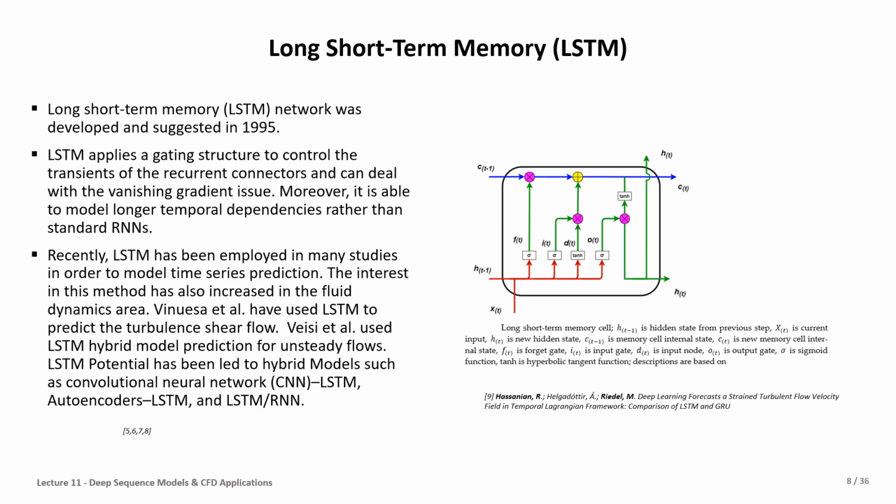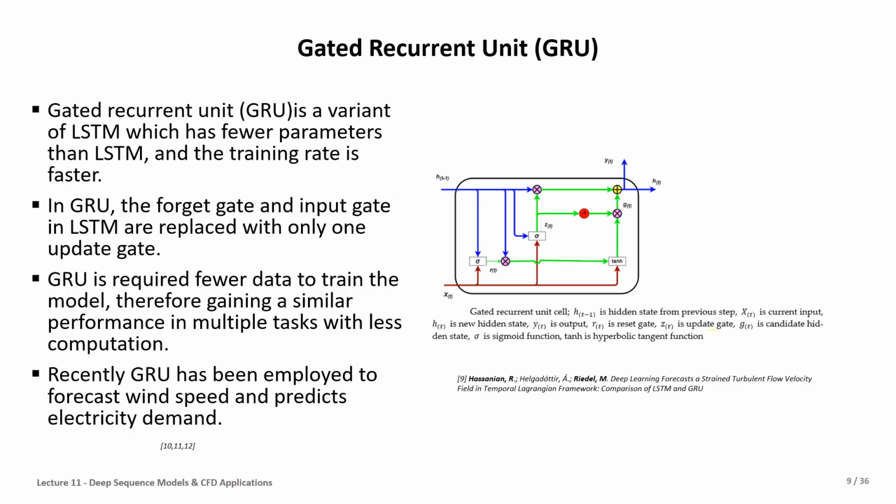Recently, LSTM has also been applied in many studies to model time series prediction with longer periods of data. There are some examples here used in the fluid dynamics area, and some of them use a mixed or hybrid model with CNN and LSTM, also autoencoder and LSTM, and they present successful results. From the LSTM model, there is another variant called the gated recurrent unit, GRU.